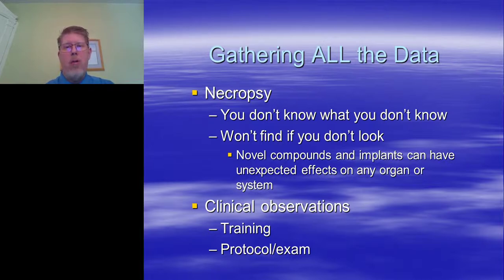Last, call it kind of an overview, is make sure you're gathering data. Lab animal is a fountain of information, and you should be collecting it all. If you're handing this off to an in vivo team, are they doing even a somewhat cursory full necropsy at the termination of a study? Just because you have a central nervous system drug doesn't mean that it's not having unexpected effects on other organ systems.